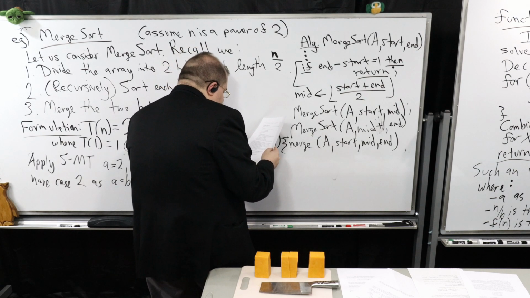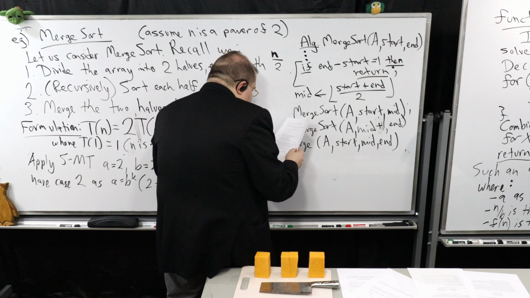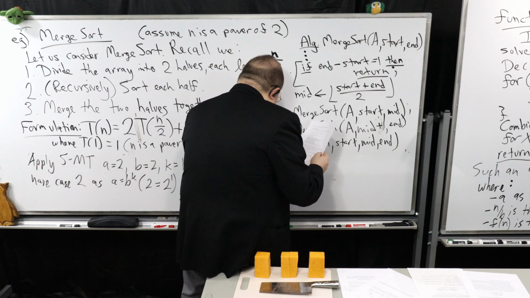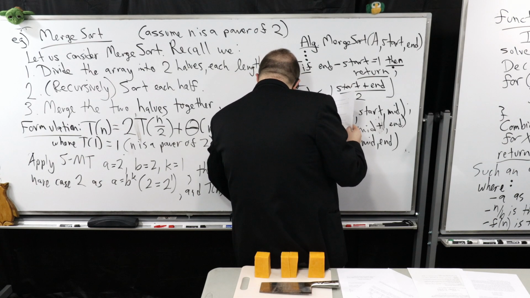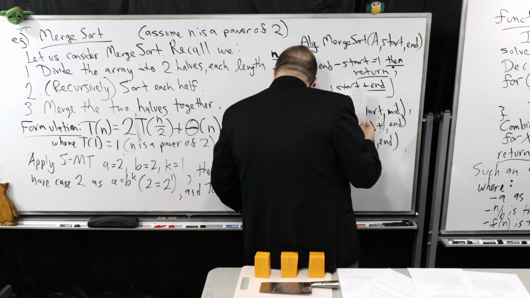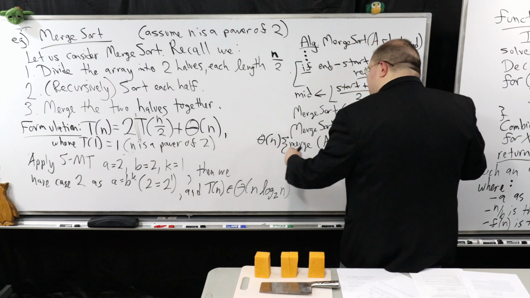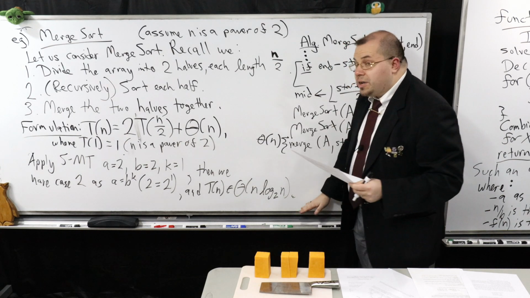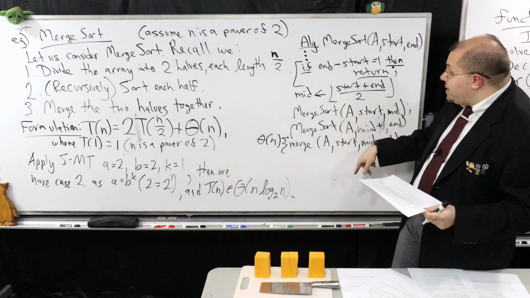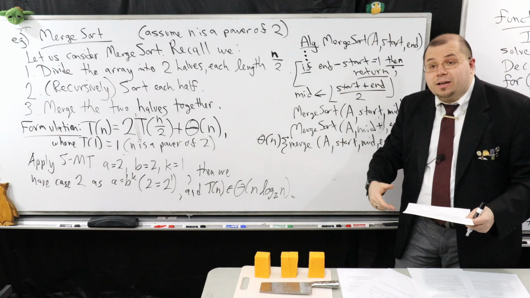And T(n) is big theta of n to the k, where k is just 1, so it's just n. That means T(n) is big theta of n log n. Therefore, you can conclude that the worst case running time of merge sort is big theta n log n.